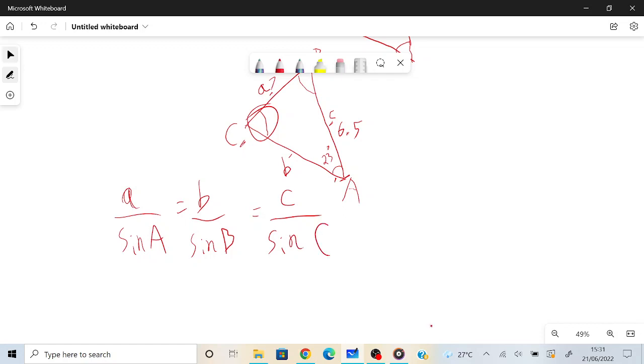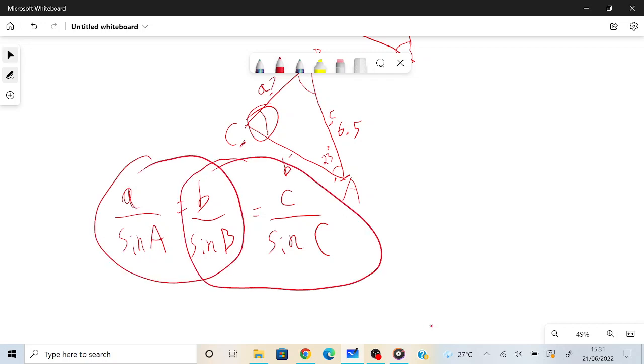That means the formula could be these two, the formula could be these two, or the formula could be a over sine A equals c over sine C, any of the 3.